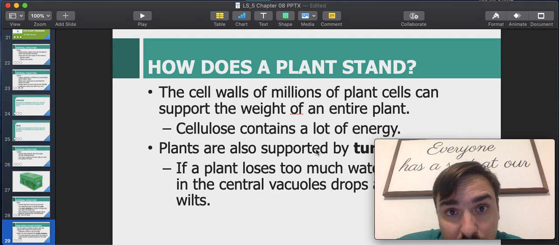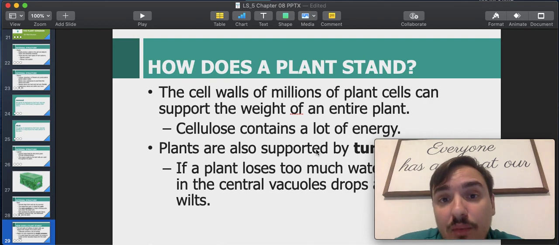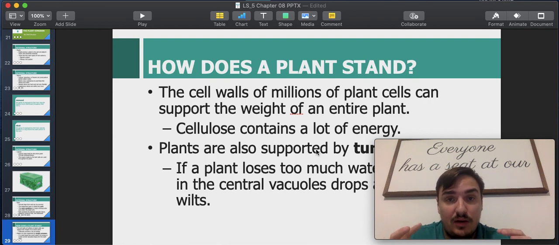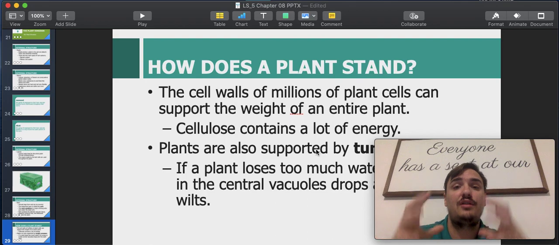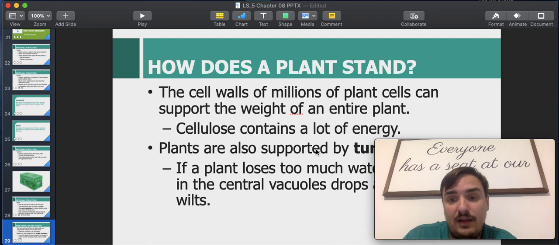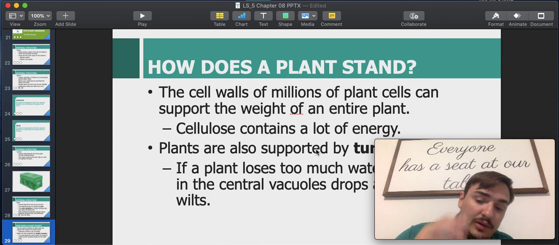It's basically like a balloon that swells up with water and causes rigidity. The more water there is inside of that organelle, the more pressure there is on the cell, so the cell can stand up really firm. If the plant loses a lot of water, the water inside of that organelle goes down and it shrivels up and makes the plant wilt.